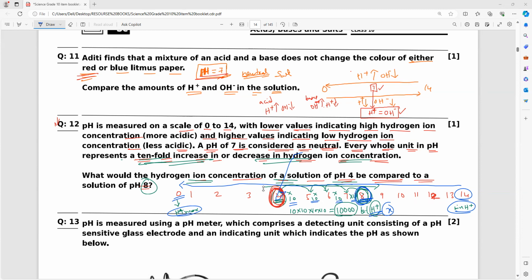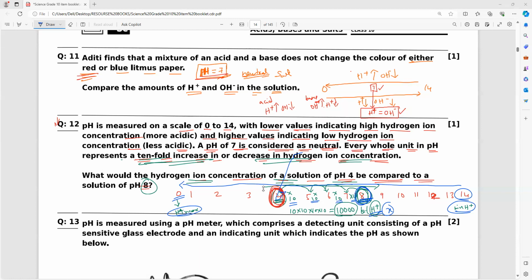Or the reverse, what is the reverse answer, everybody? So a solution of pH 8 has 10,000 times lesser concentration of H plus ions than pH 4. Right.